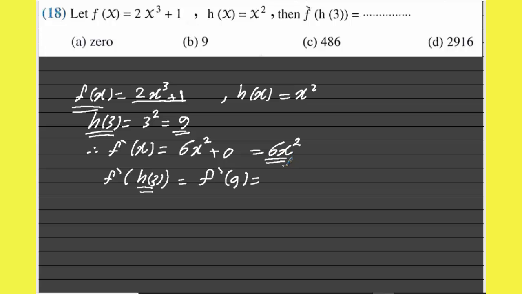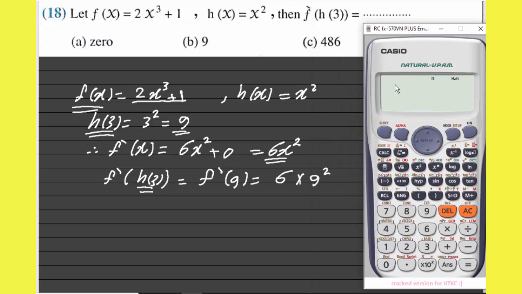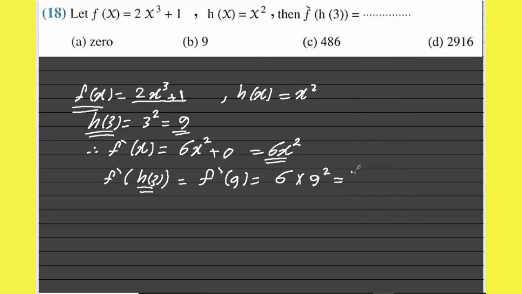Substituting in the right hand side, it will be 6 multiply 9 power 2, which equals 486. And we choose letter C. Next question.